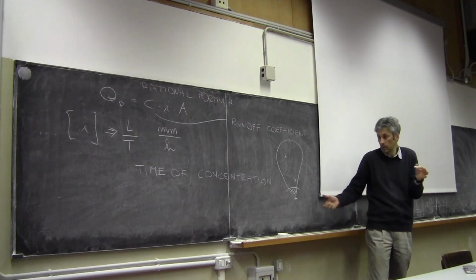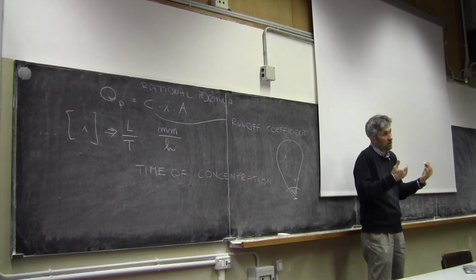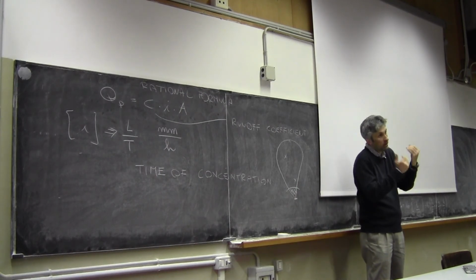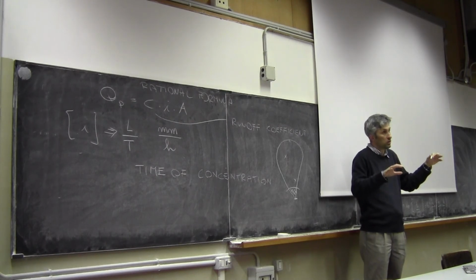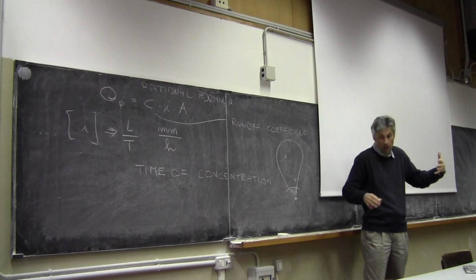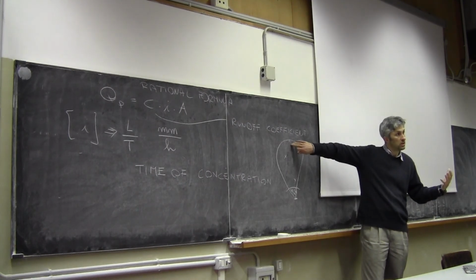So all the drops located close to the outlet, after 5 minutes plus a little bit more, are already passed. So you don't have the superimposition of drops that rain here with drops raining close to the outlet.